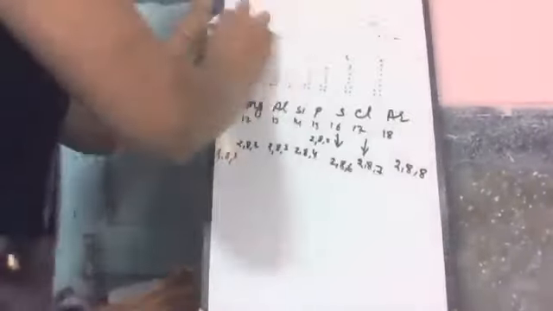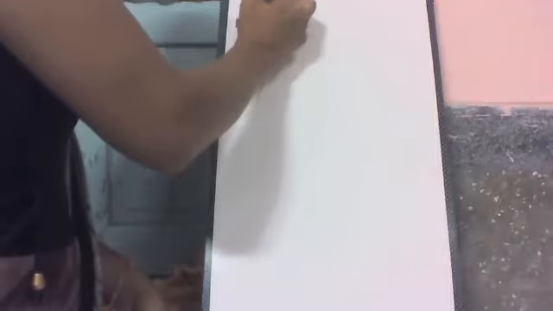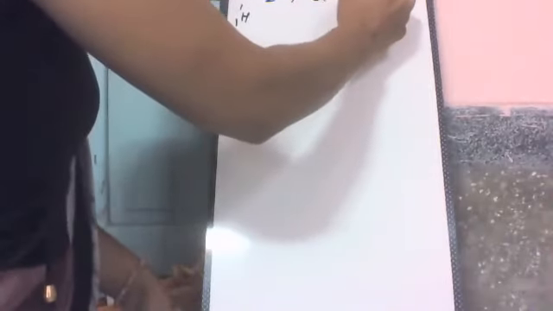See, hydrogen has atomic number 1 and atomic mass 1. The atomic number is Z, then the number of protons, number of electrons, number of neutrons and the mass number. The mass number is A, and here is the atomic structure.